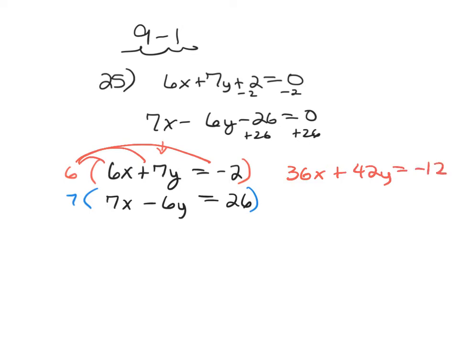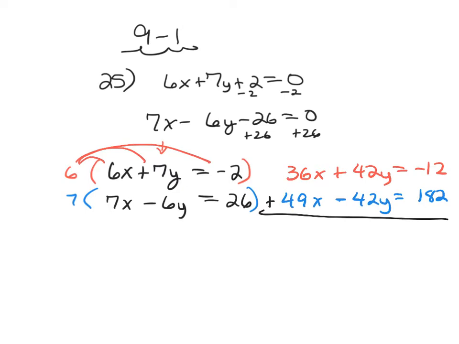And then the blue one becomes 49x minus 42y, and then 7 times 26 gives me 182. And you can use your calculator for the entire test. So not just for the law of sines and cosines.